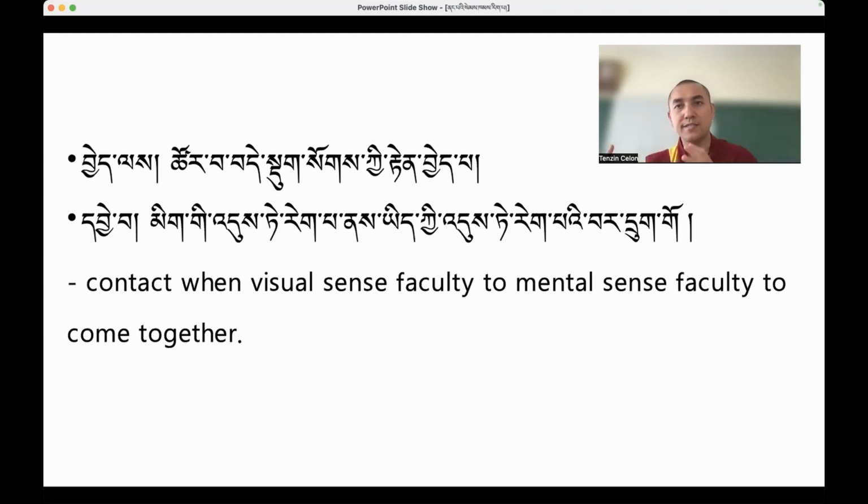The contact when the visual sense faculty comes together, then the contact when the ear sense faculty comes together, then when the nose sense faculty comes together, when the tongue sense faculty comes together, when the body sense faculty comes together, and the last one is the contact when the mental sense faculty comes together. So these are the 6 types of contact.